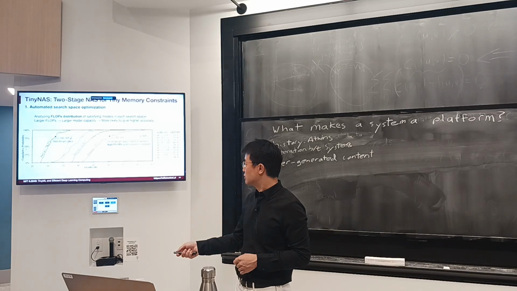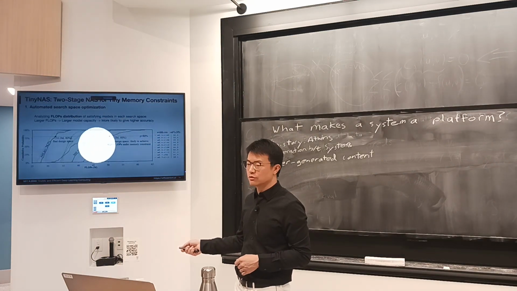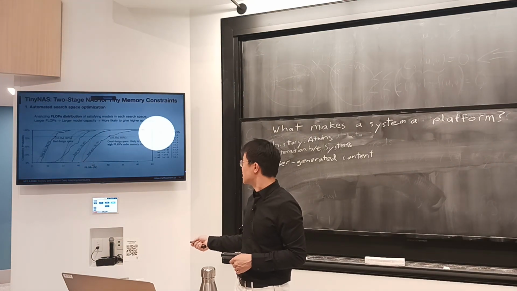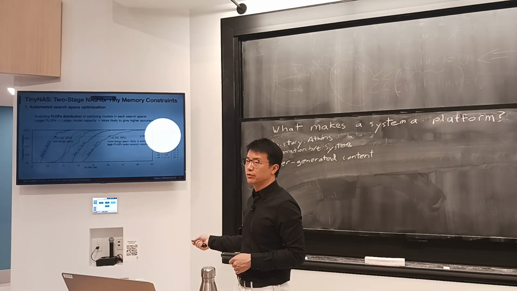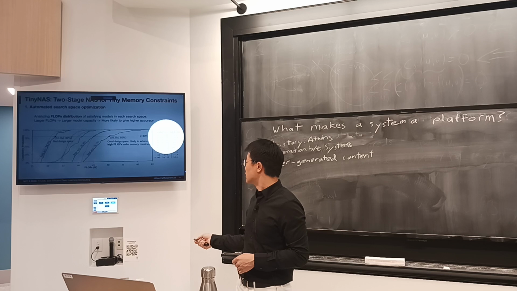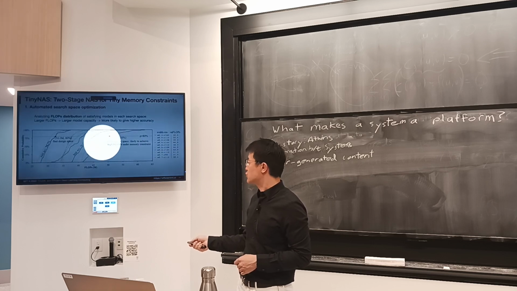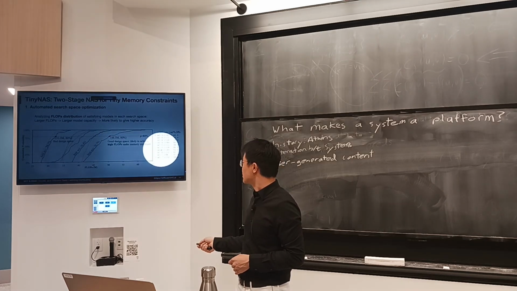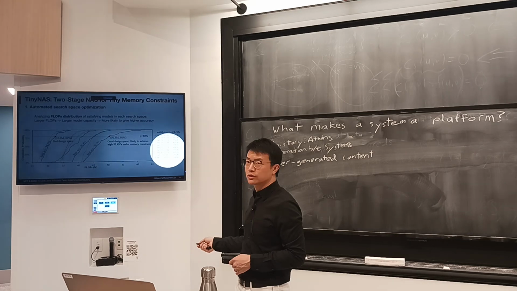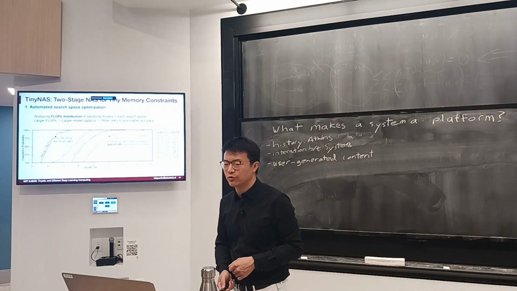Different curves correspond to different search spaces. For example, for the black search space, the width is 0.3, 30% width, and the resolution is 160. And for this red search space, the width is larger, 0.5, and the resolution is smaller, 144.